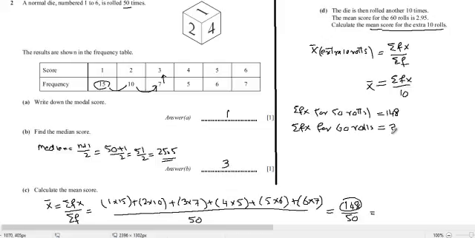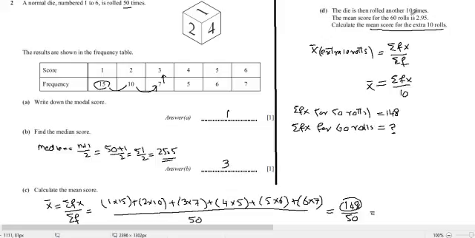We need to find this, because when we subtract summation f of x for 50 rolls from summation f of x for 60 rolls, you will get the summation f of x for the extra 10 rolls.